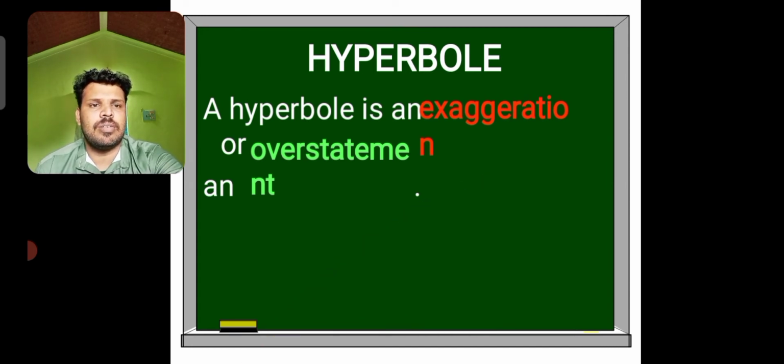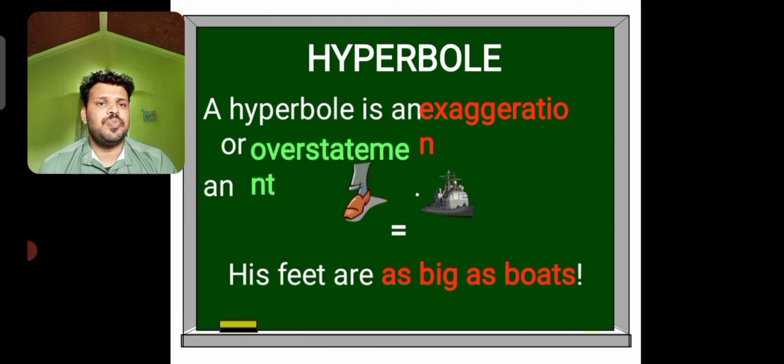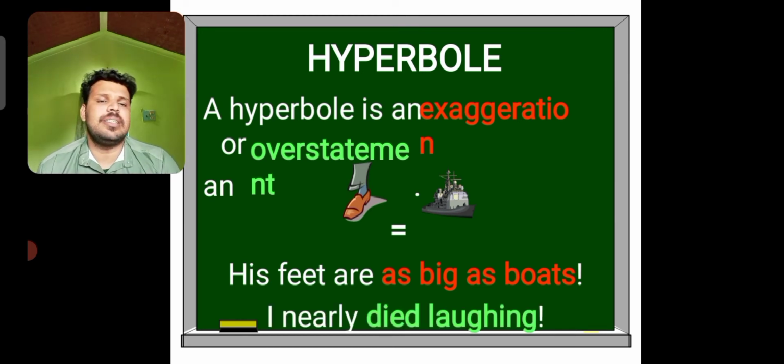Let's look at the examples. His feet are as big as boats. His feet are a little bit big, that is true, but not as big as boats. So this is an exaggeration of things, one of the typical examples of hyperbole. I nearly died laughing.